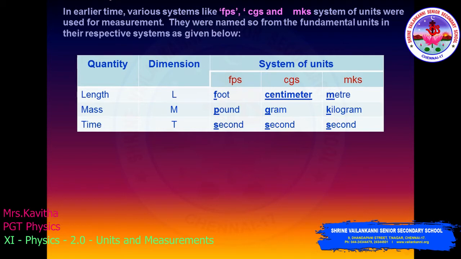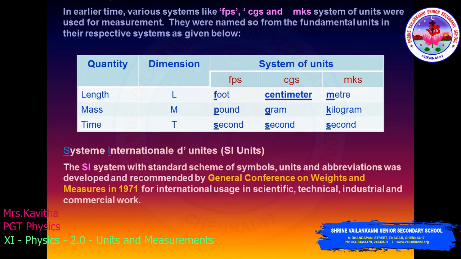FPS is foot, pound and second. CGS is based on the centimeter, gram and second, taken as the fundamental units of length, mass and time respectively.